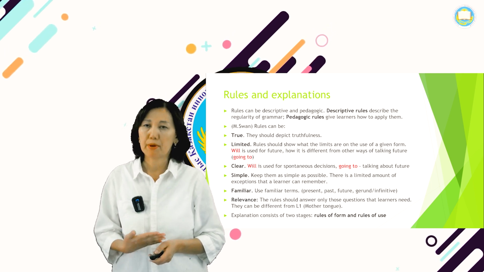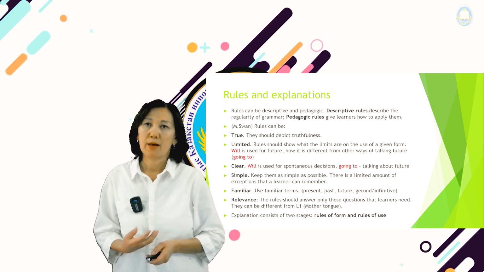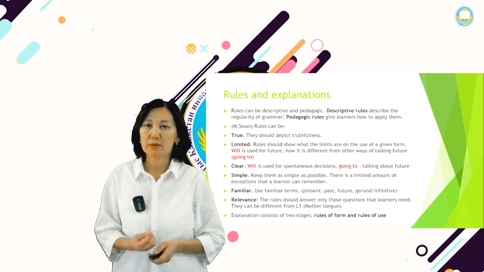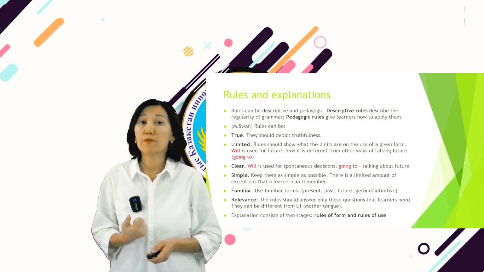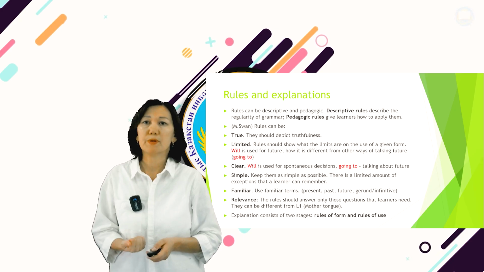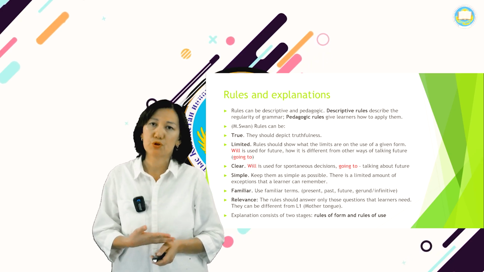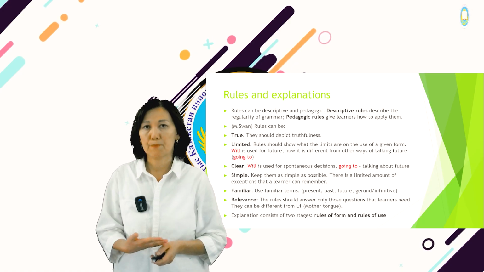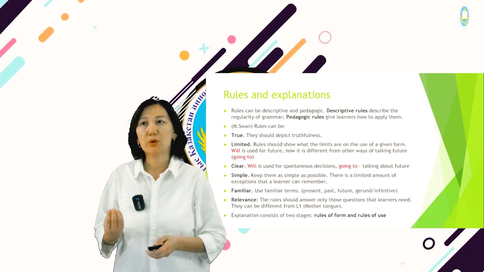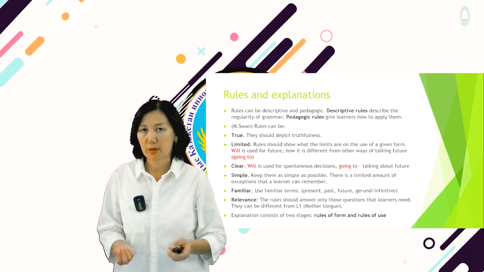They should depict truthfulness. And the rules should be limited. Rules should show what the limits are on the use of a given form. Will is used for the future. How is it different from other ways of talking about the future? Going to, because will and going to are different.